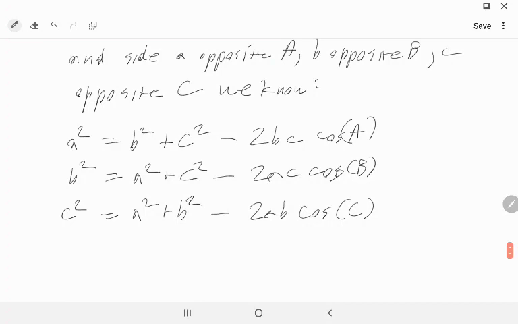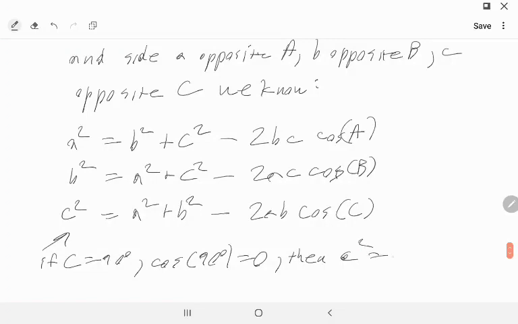You notice that this third one, if capital C equals 90 degrees, cosine of 90 is equal to 0. We just get c squared equals a squared plus b squared.